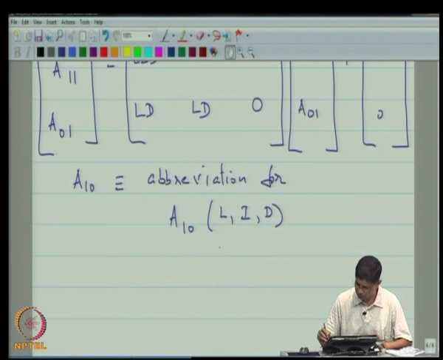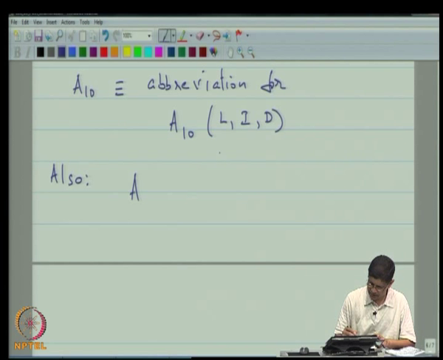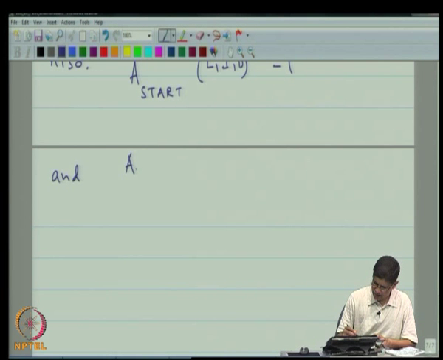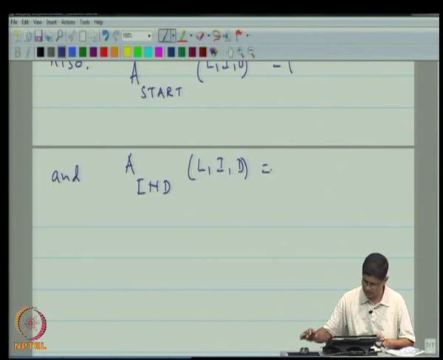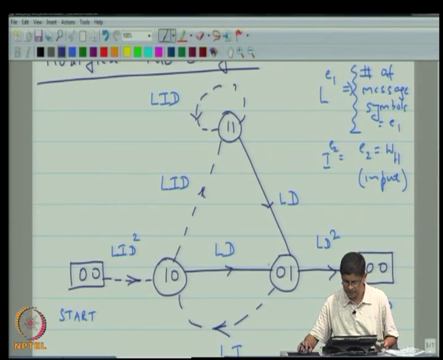So, in addition to whatever you see here, we also have that A start of L, I, D is just 1, and A end of L, I, D is equal to the generating function for, from this figure, if I know the generating function for the state 0 1, I just need to multiply by LD squared to get the generating function for A end.